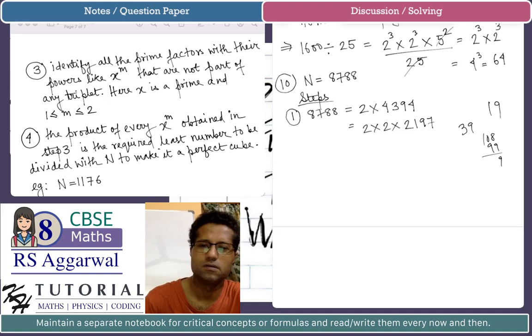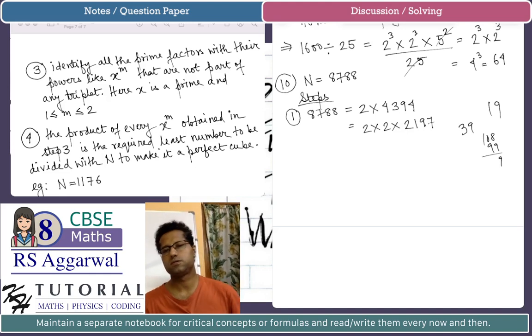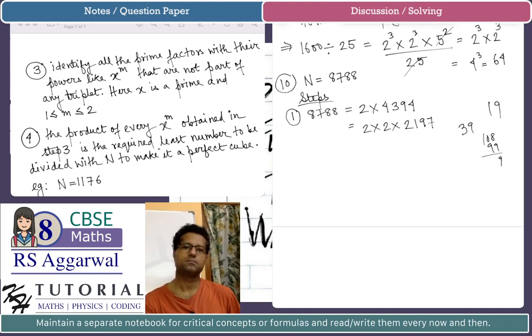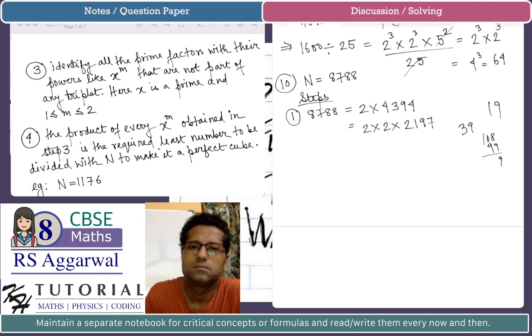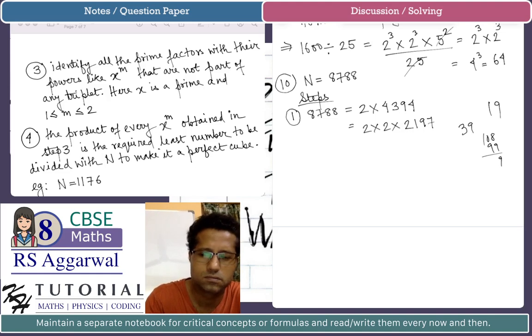Why is the net not up? Prime factorization of 2179. What was the number? 2179. 2197. So 2197.